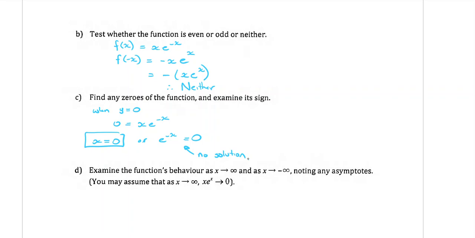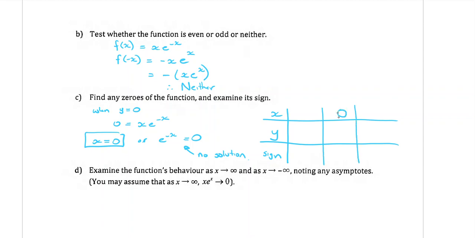But there's more bits to this question. Find any zeros and examine its sign. A sign table means you have x values up at the top. Then we want to see what's happening to the y values because we want to see what's happening to the sign around our 0. So 0 goes in the middle.